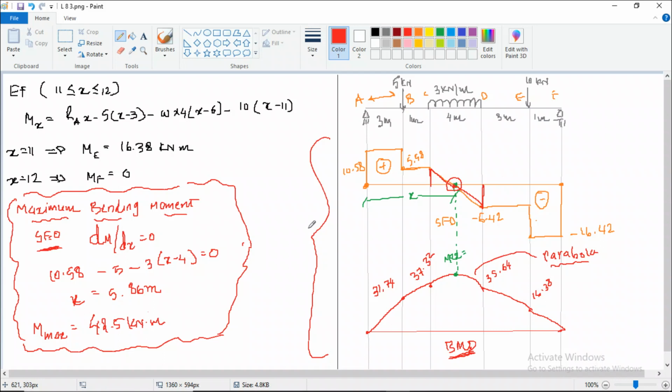So this completes our first numerical of how to draw shear force and bending moment diagram. In the next numericals, we'll try to solve more complex problems and also find out the maximum bending moment values as well.